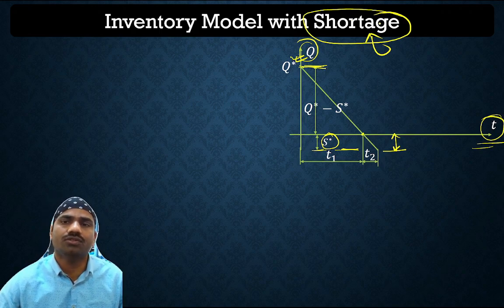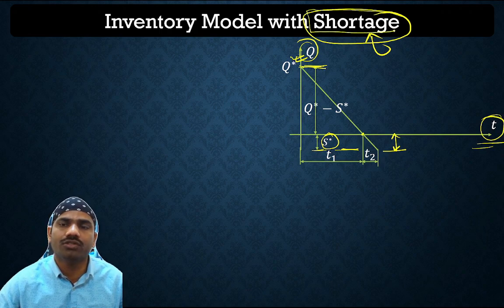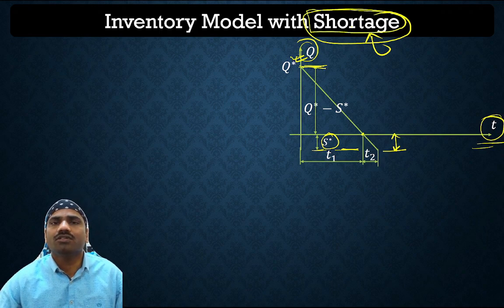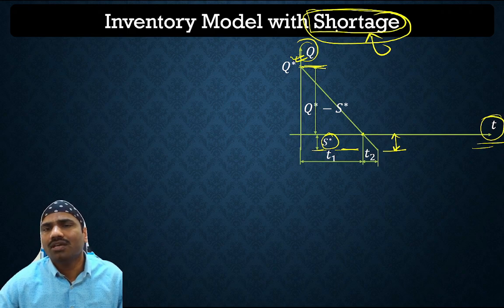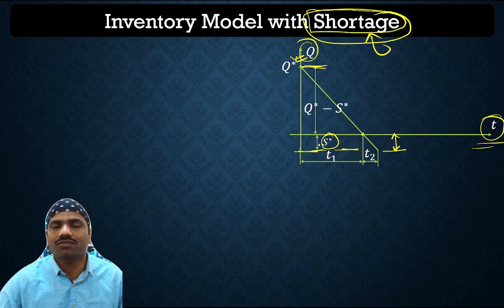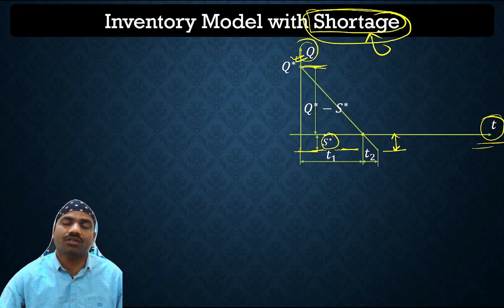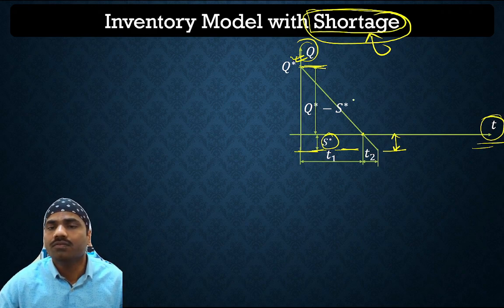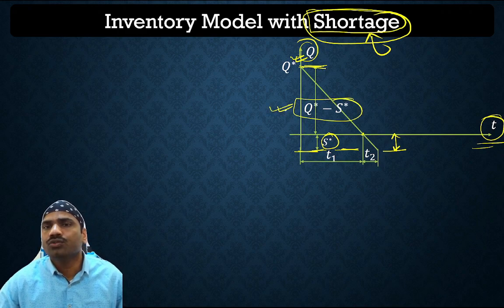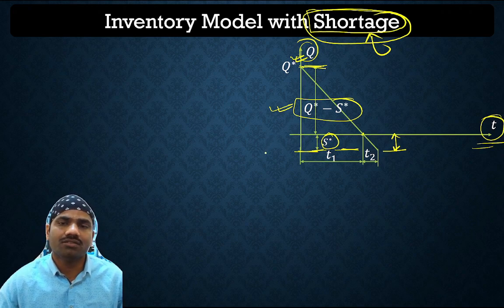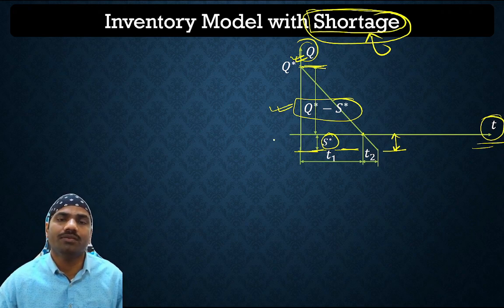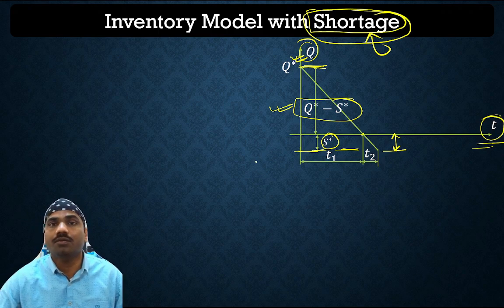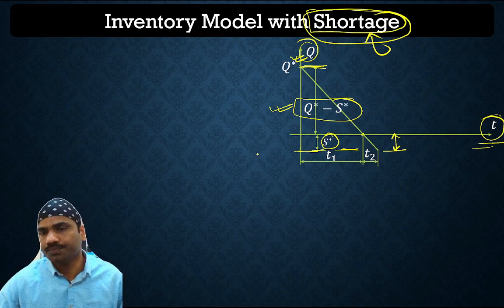Those costs come under the category of shortage, because you have demand but you are not able to sell the product. So that shortage gives you a loss, a penalty. We will target that this cost should be minimized, and that we have minimum shortage and minimum shortage cost.